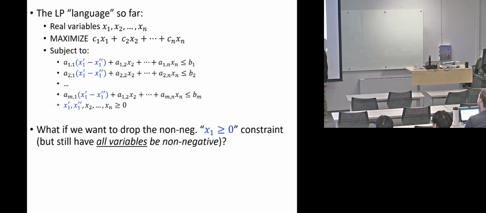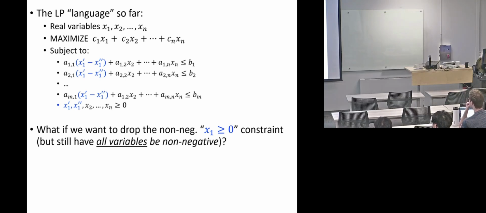So you see that when I create, let's say, these two variables here, x1 prime and x1 double prime, and put it like this. Okay. Now this is in the standard form. You agree? Because all the variables are non-negative.